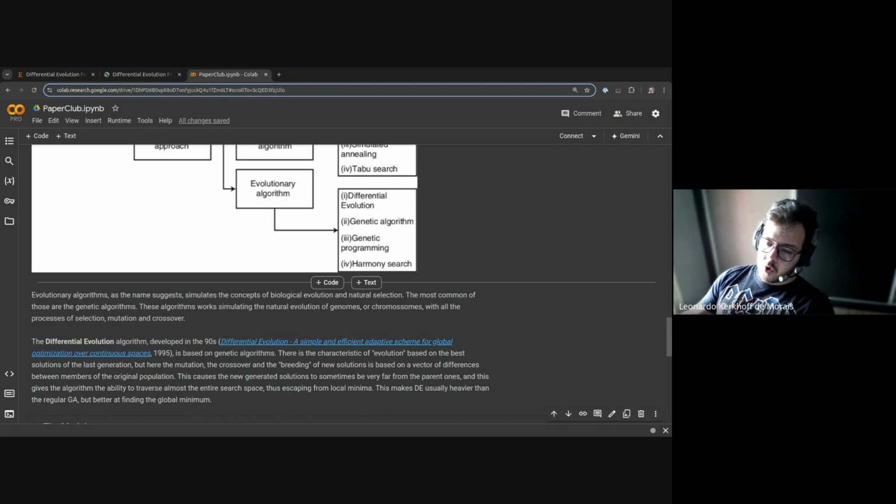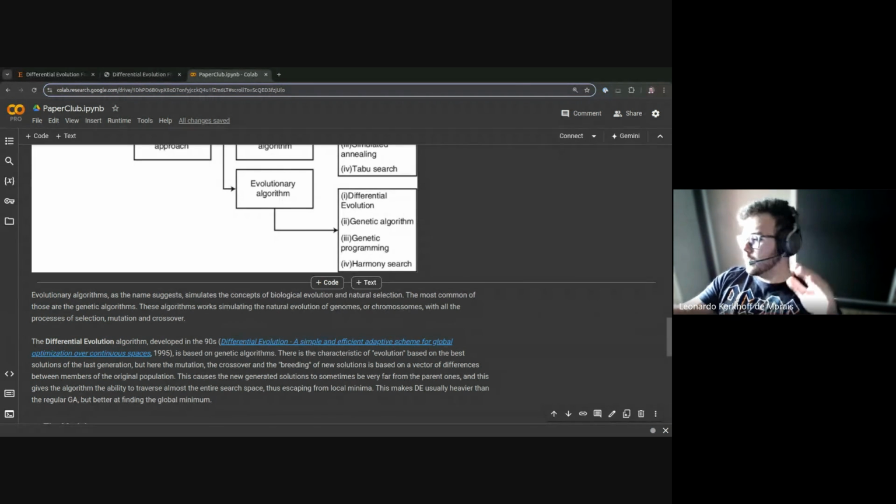And this usually causes the new solution, at some time with some given probability, to breed new solutions very different from the parent ones. So let's suppose you are searching a little area of the search space of viable solutions for your problem, and then all of a sudden one of the created solutions, one of the offspring solutions, is created totally different, and it jumps to the other side of the search space.